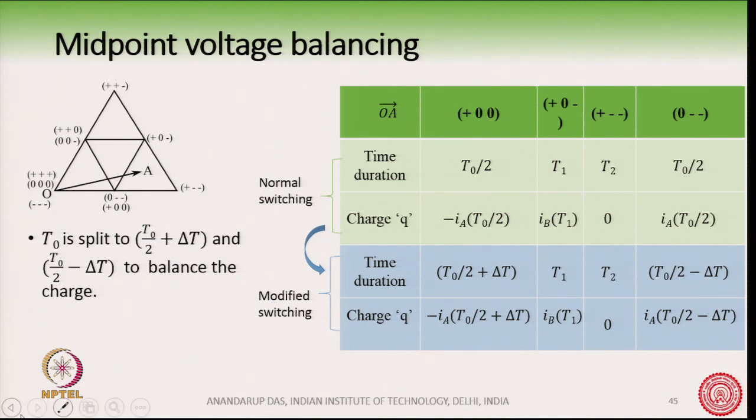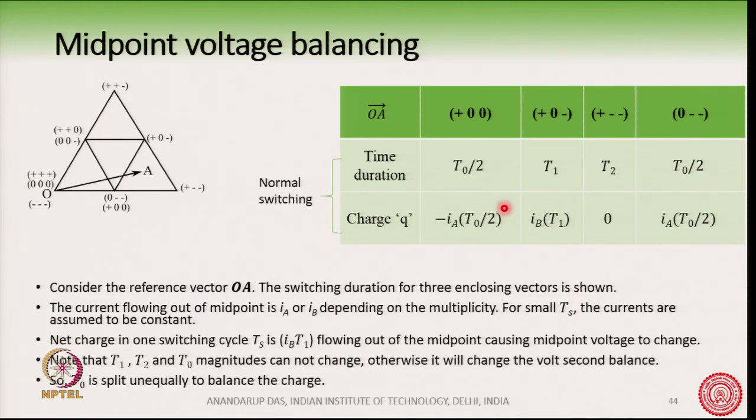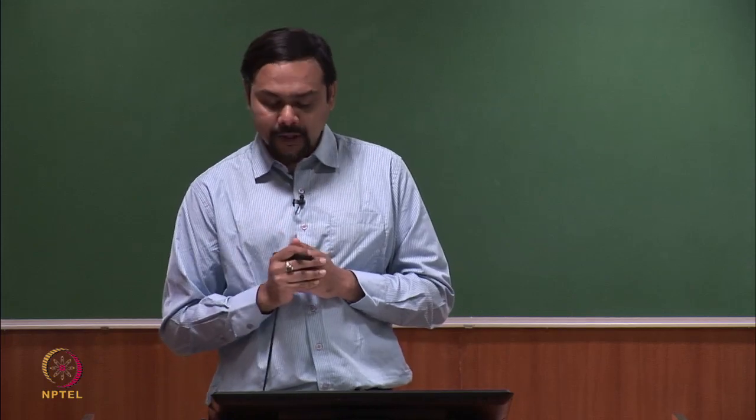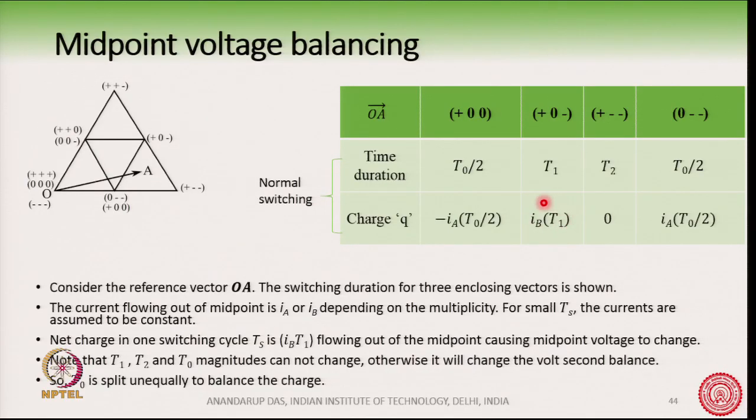But first I would like to say that what we are doing here is, instead of having equal T0 by 2 and T0 by 2, we will make these two switching durations something other than T0 by 2, so that we try to cancel the effect of Ib into T1, the net charge.